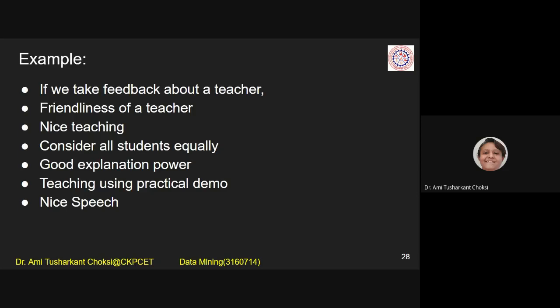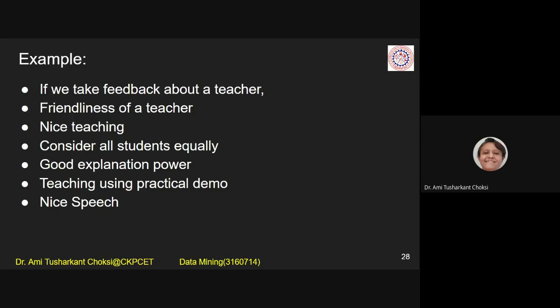You are already giving feedback in our feedback system, isn't it? In our college, we have the feedback system where you give the input for a particular teacher: whether that person is teaching nicely, whether the subject is difficult or easy, whether there is too much syllabus, whether the teacher considers all students, motivates you, gives good examples, has nice speech.